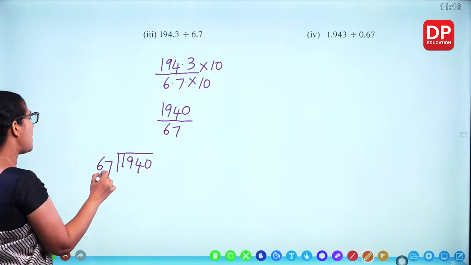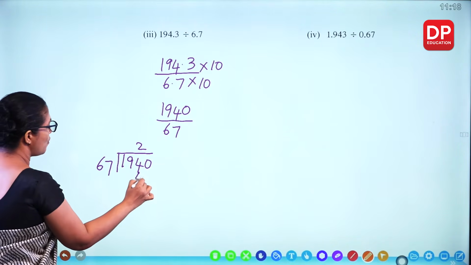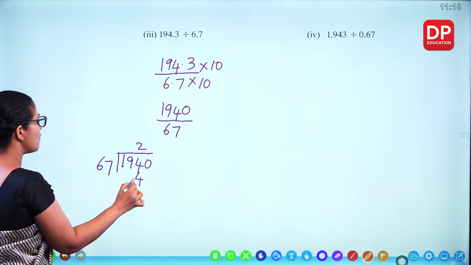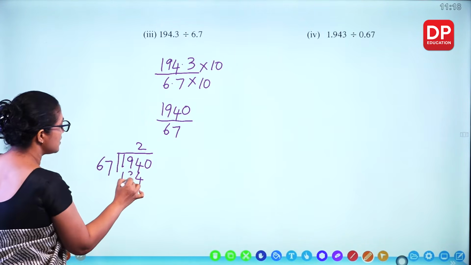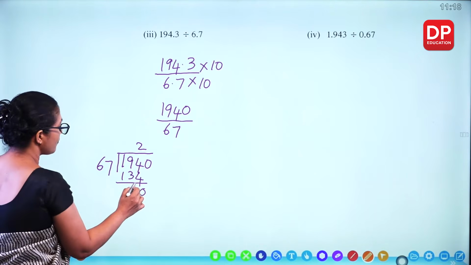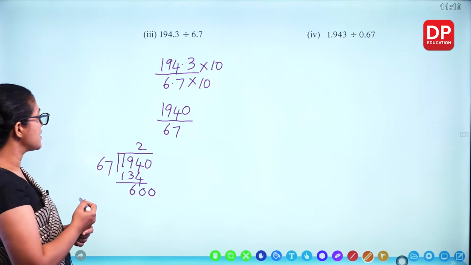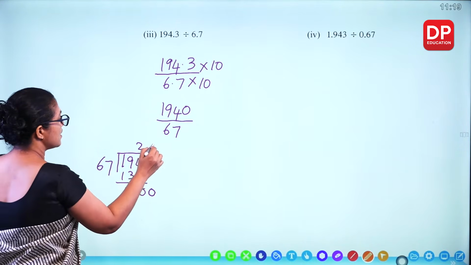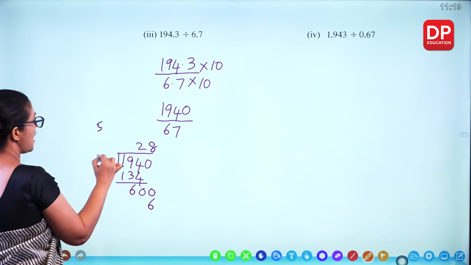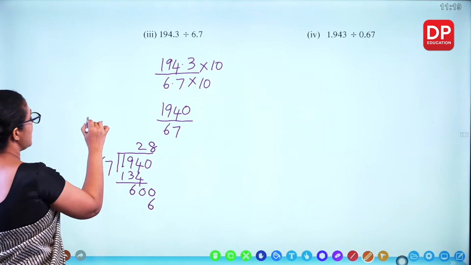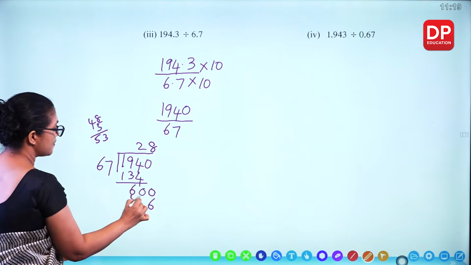When you multiply by 2, you get 14 and 2 times 7, 14, 1 remaining. 2 times 6, 12 plus 1, 13. For 600, how many 67s? 8. 8 times 7, 56, 5 remaining. 8 times 6, 48 plus 5, 53.